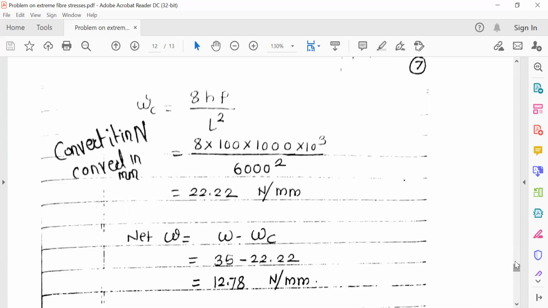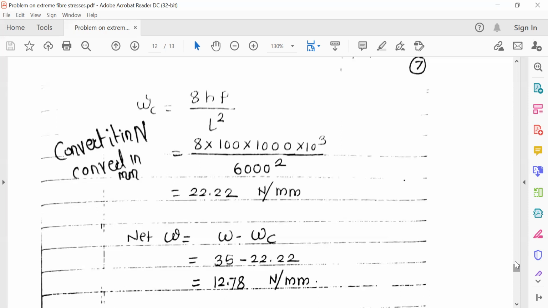So here you have to convert it in Newton and mm. So H कितना है आपका? H is your 100 and P is the what? Pre-stressing force. So pre-stressing force आपका कितना है? 1000. So 8 into HP, that is 1000 into 10 raised to power 3 upon L. L is what? The total span. That is of 6 meter, but you need to convert it in mm. So 6000 mm. So WC आपको मिलता है 22.22 न्यूटन पर mm.